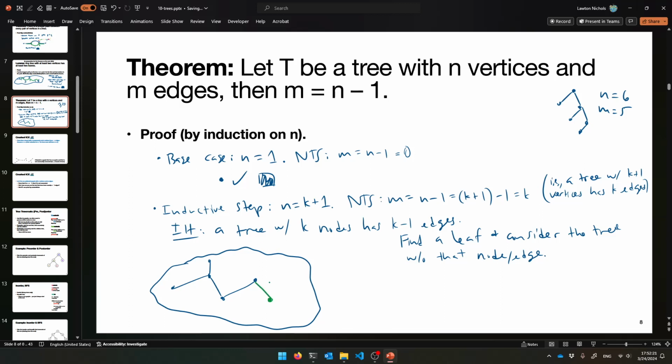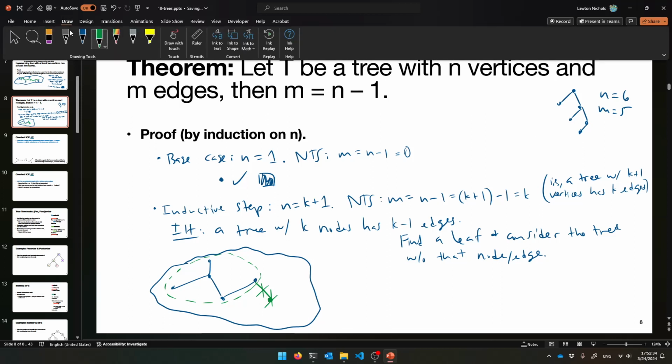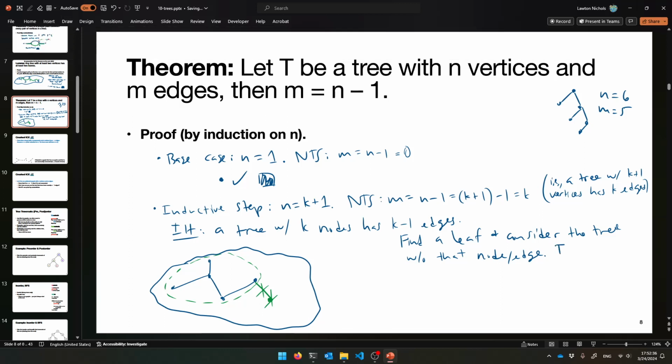Let's consider the tree without this node. Get rid of that node and the edge connecting it. So here's a different tree like this. That tree without that node, how many nodes does that one have?